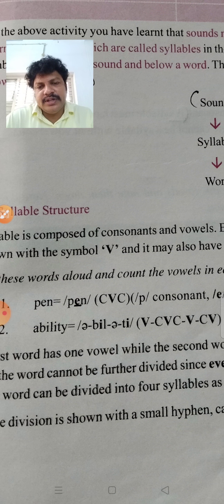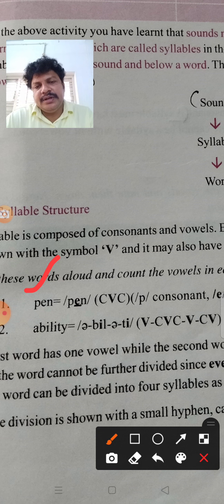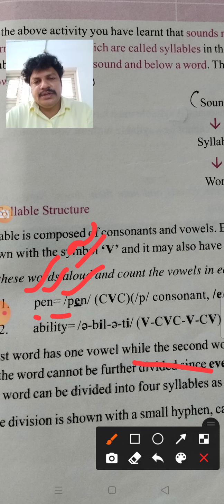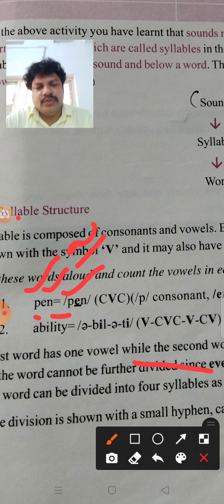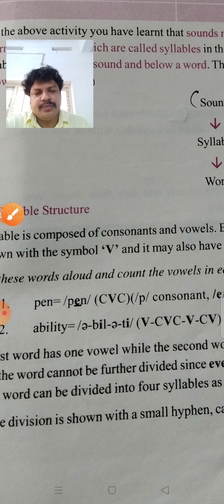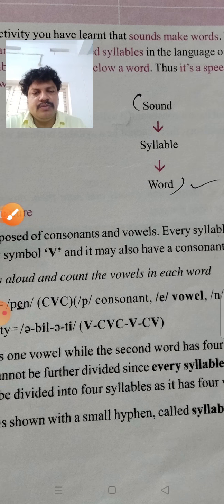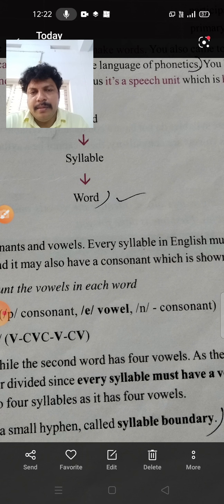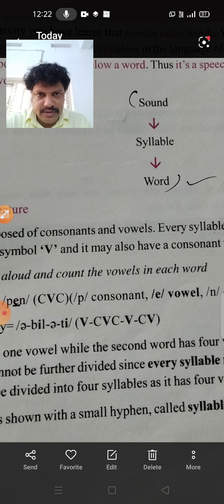In pen, P and N are consonants. E is the vowel sound. Pen is monosyllabic, meaning only one vowel sound. Second, ability.